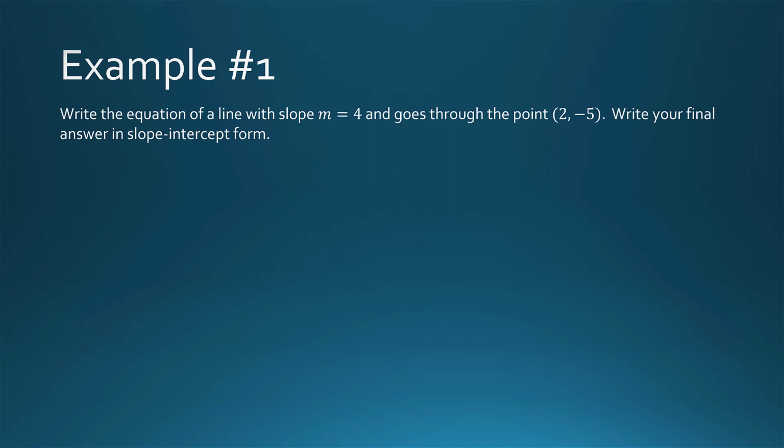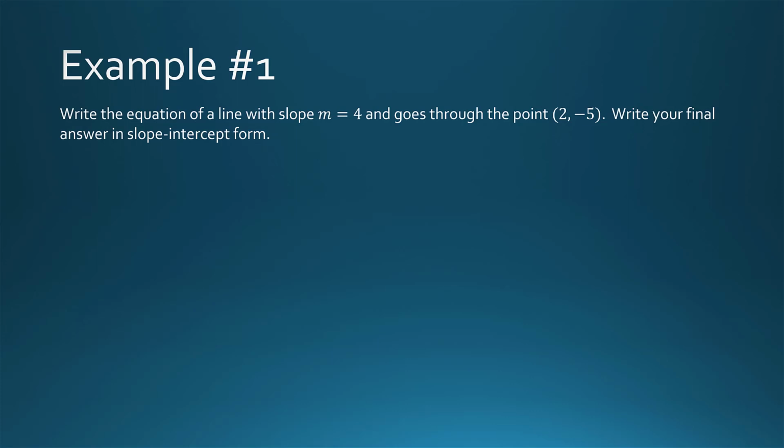Here in our first example, we want to write the equation of a line with a slope m equals 4, and it goes to the point (2, -5). We're going to put this in point-slope form, and then give our final answer in slope-intercept form, the y equals mx plus b.